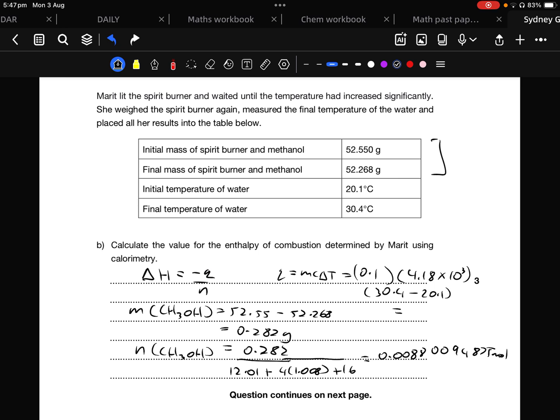Which when we put it into our calculator, gives us 4,305.4 joules. And since delta H is calculated in kilojoules, we must convert this value into kilojoules as well.